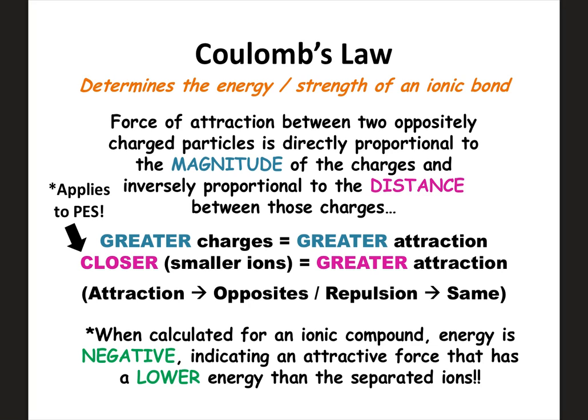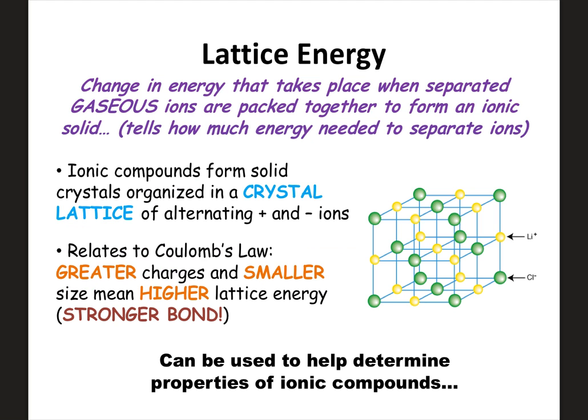Greater the charge, greater the attraction between two ions, and then smaller size, greater the attraction. So you might have to use this idea and actually answer questions about this. But we're trying to use this to figure out the overall strength of an ionic bond and how that can apply to properties. Lattice energy is also very important here because essentially it's telling you how strong an ionic bond is.